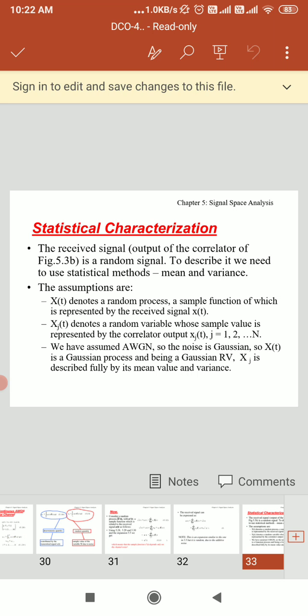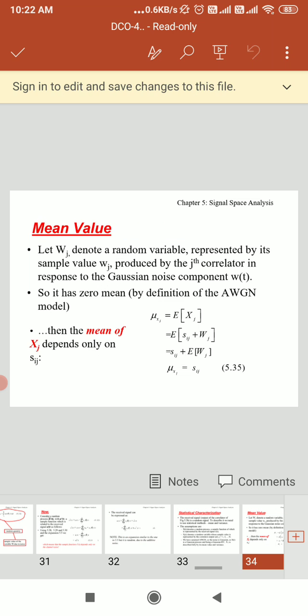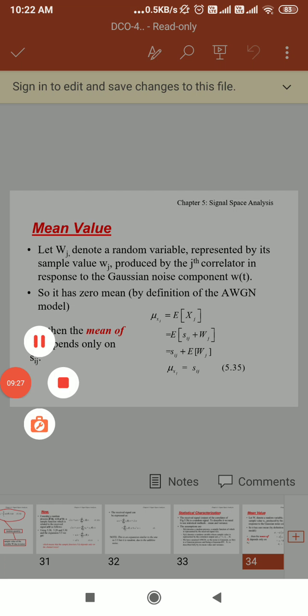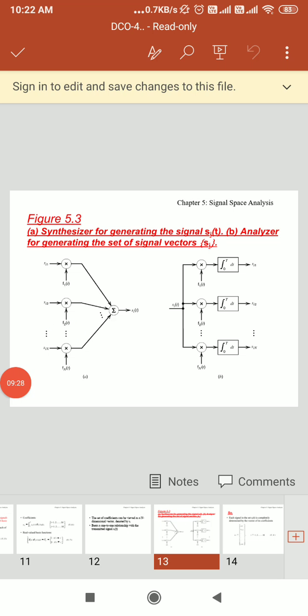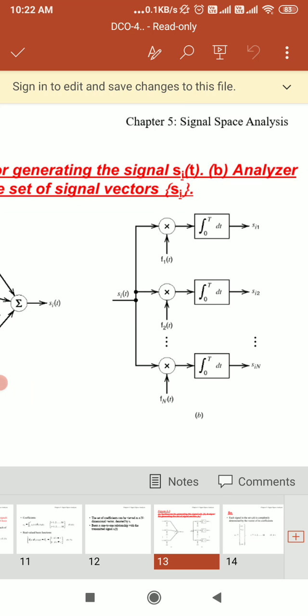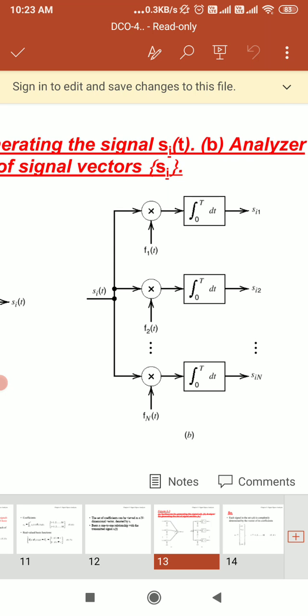So if we are taking the received signal, the output of the correlator is a random signal. Now we can see the diagram. So here you can see the synthesizer for generating signal S of t and the analyzer for generating the set of vectors Sj of t. So this diagram you will require here.